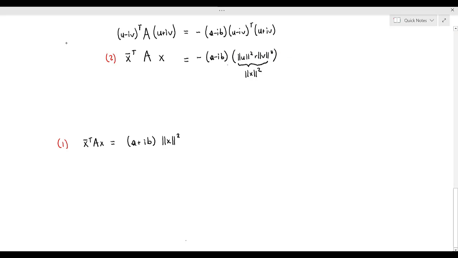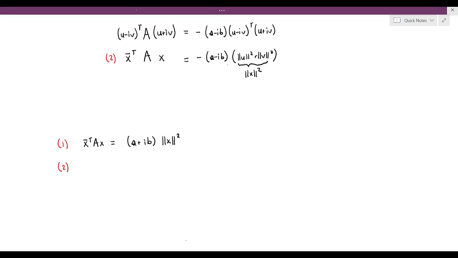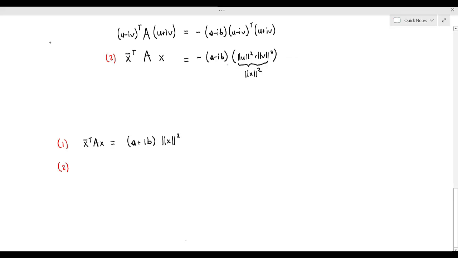And then contrasting that with result number two, which says that x conjugate transpose times Ax is negative a minus ib, and then times the length of x squared.